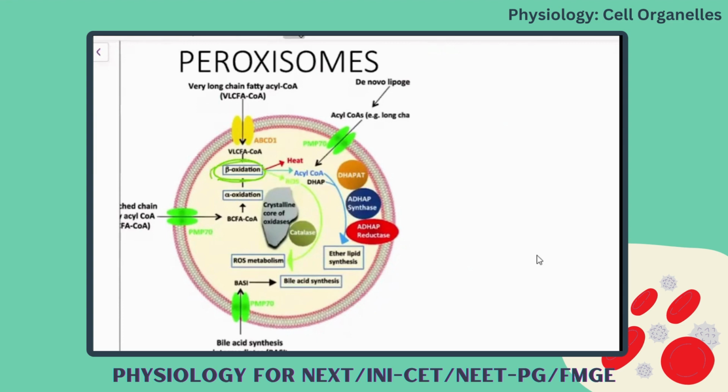It is mainly involved in the catabolism of lipids, especially very long chain fatty acids. And the peroxisome, as the name suggests, is involved in the oxidation process. It results in the production of hydrogen peroxide, so it has a major role in the oxidation process. Okay, so that is about the peroxisomes.